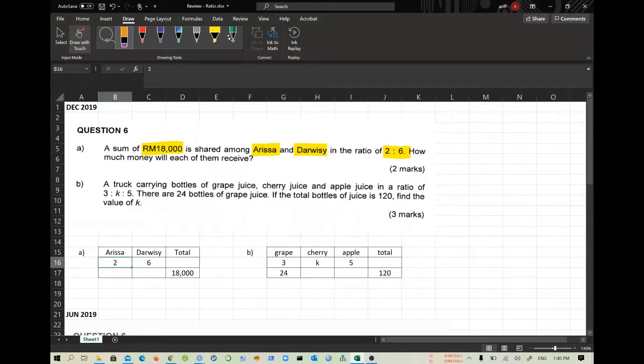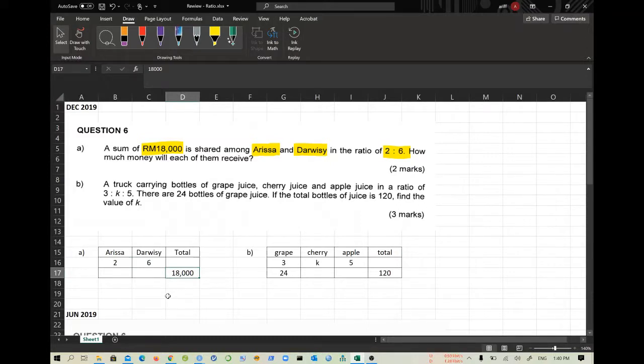In this case, we don't know the quantity for Arisa or for Darwish. We only know the quantity for both of them, that is 18,000, the amount that you know.